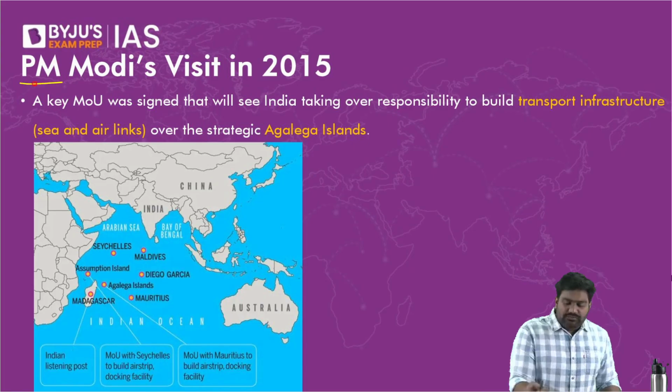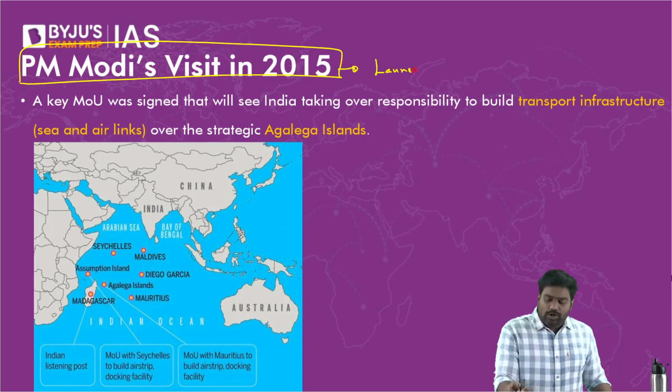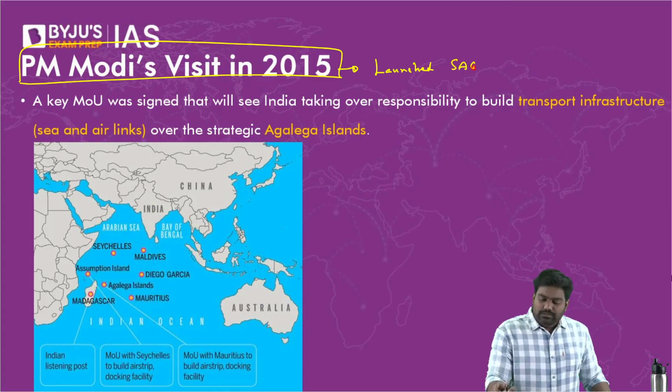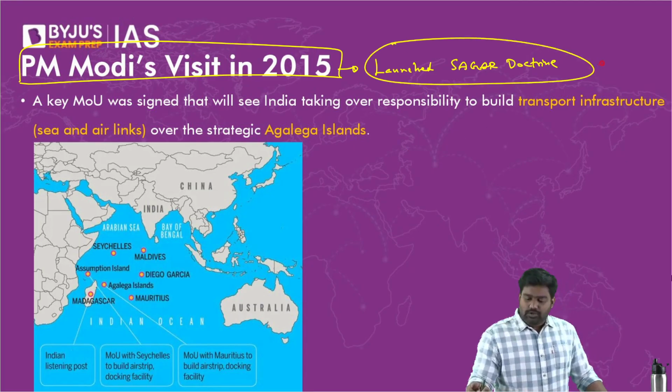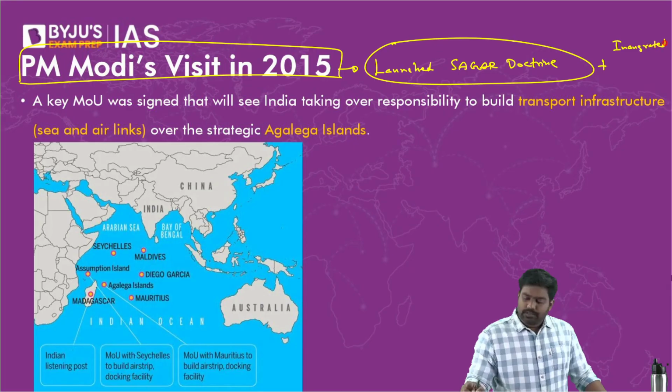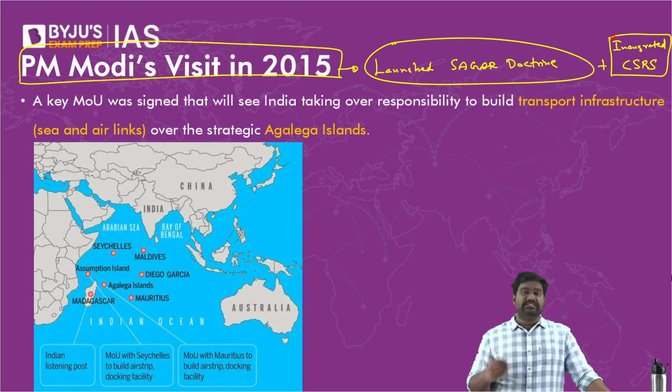Now, when PM Modi visited the country in 2015, he not only launched the Sagar Doctrine, but he also inaugurated the Coastal Surveillance Radar System. It's a key maritime intelligence gathering project.